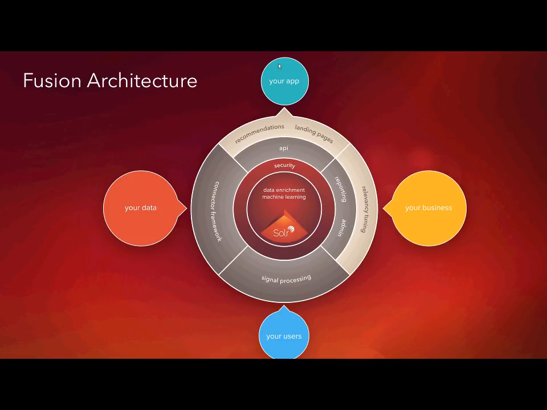Last but not least, here on the right-hand side, it's really all about how do you make your business more effective through understanding what people care about in your system, why they're doing what they're doing, and then obviously fixing it if you can or if need be. So that's a quick high-level view of Fusion.